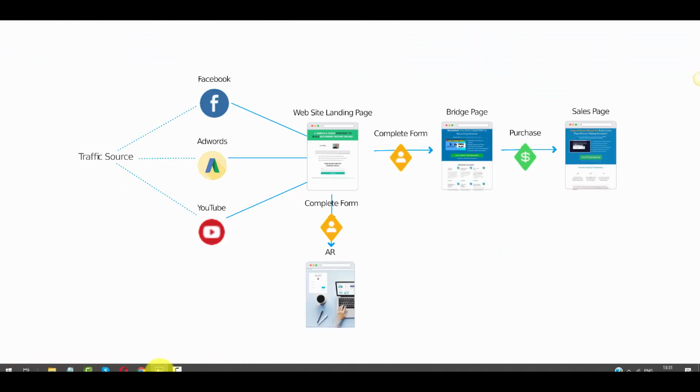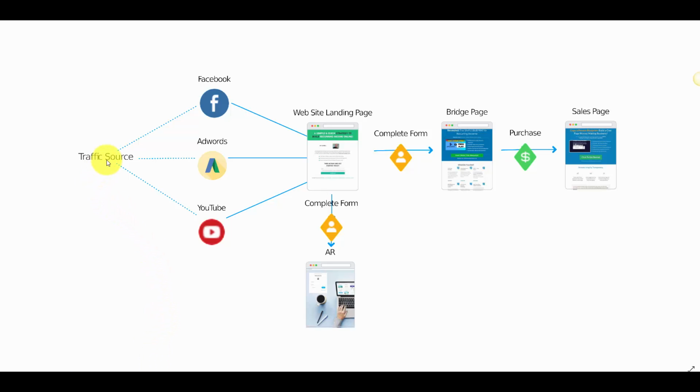And this is the funnel. It's quite straightforward. You get a traffic source. I've just put these three in at the moment, which is Facebook, AdWords and YouTube, and we send that traffic to a landing page. The visitor to this landing page fills their email address in, and simultaneously the visitor is sent to a bridge page and their email address is sent to our autoresponder.